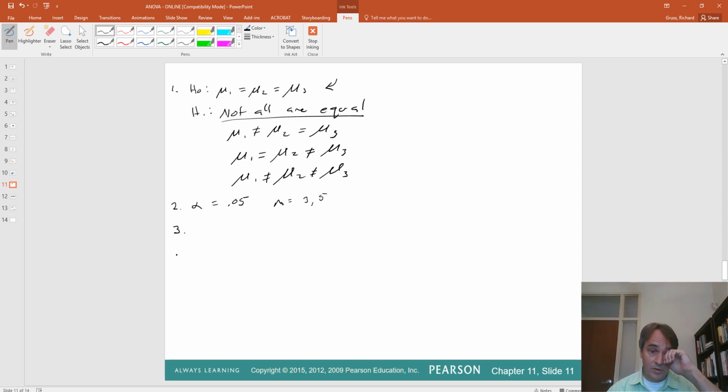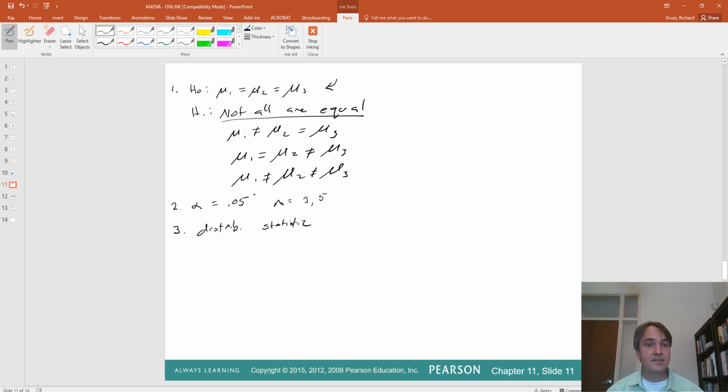Now, what we do in step 3 is we have to decide on the distribution, the sampling distribution, and the appropriate test statistic.